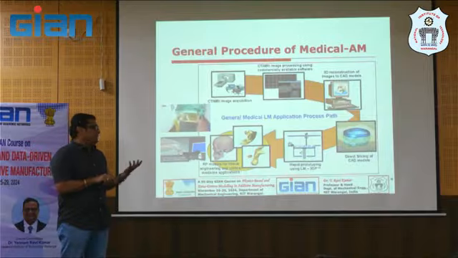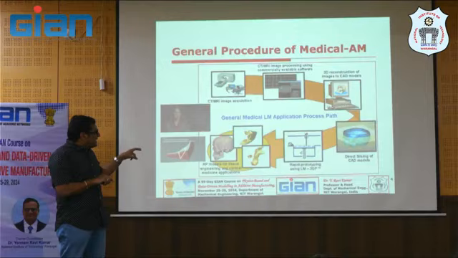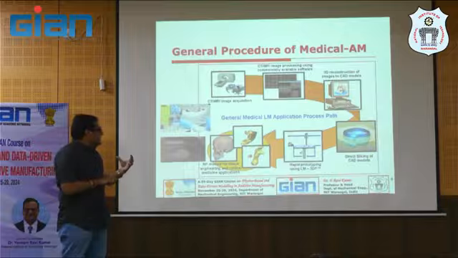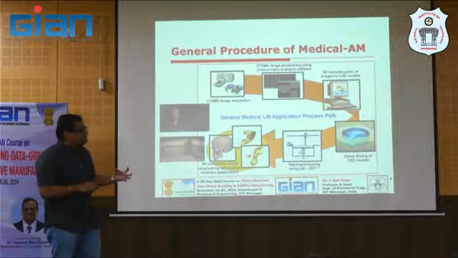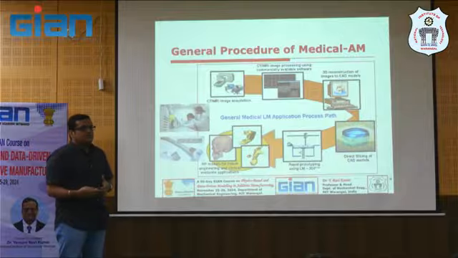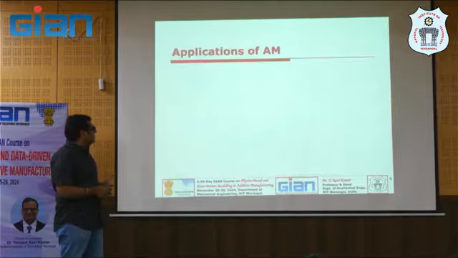Or even it could be FDM based. So then once you make it layer by layer, how do you see that model? How do you see that printed anatomy that has been captured from the patient, right? You can use it in several applications. We'll try to see some of them from the literature as well as from our experience with the surgeons that I'm going to share with you.